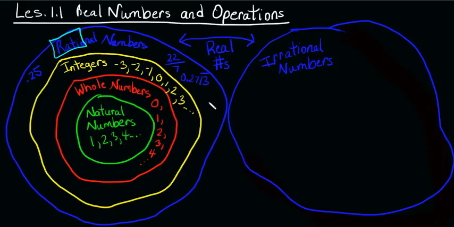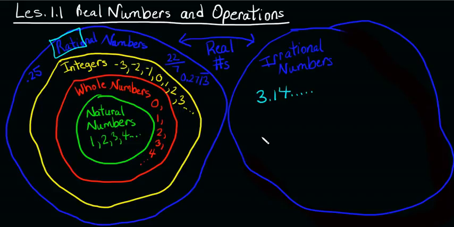Now, irrational numbers are numbers that cannot be put in the form of a fraction and don't have any repeats. I'm going to use a different color over here to show the irrational numbers. Probably the most common irrational number you can think of would be pi, 3.14, because it just goes on and it never ever repeats.